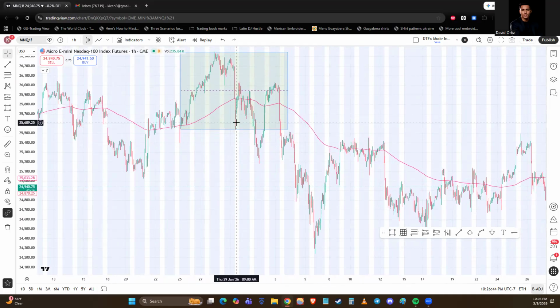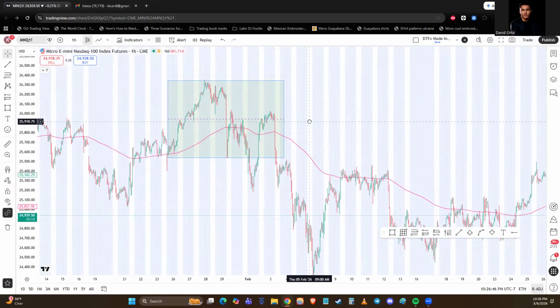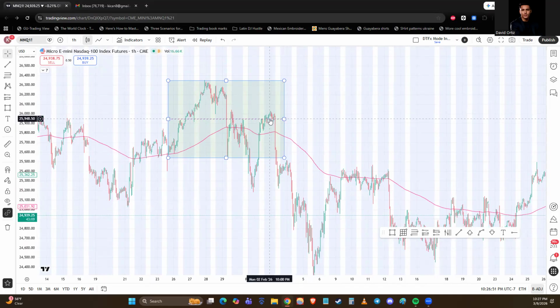The trade opportunity showed up on this one right here. This trade opportunity started in February, and this is February the 2nd. So remember, the downtrend started showing itself around February the 2nd, right?